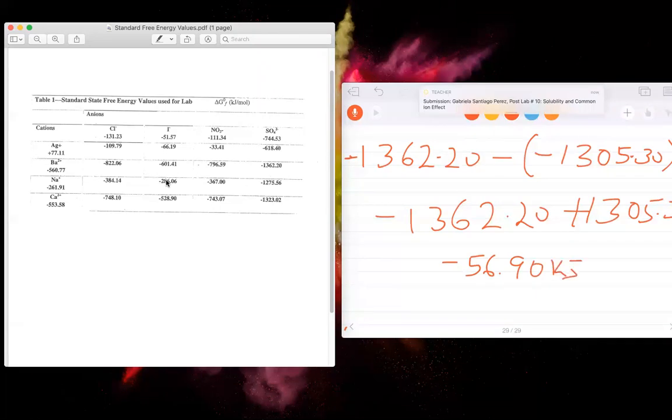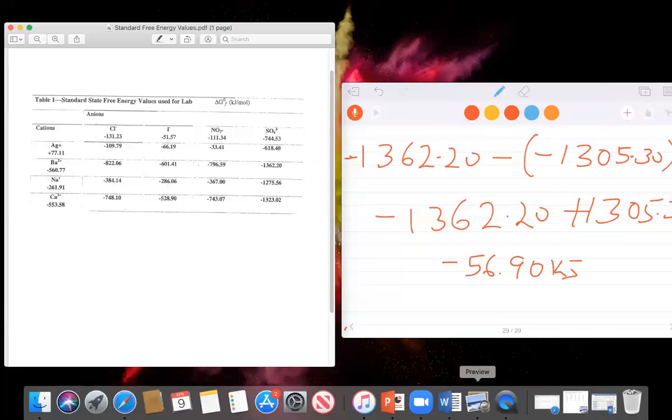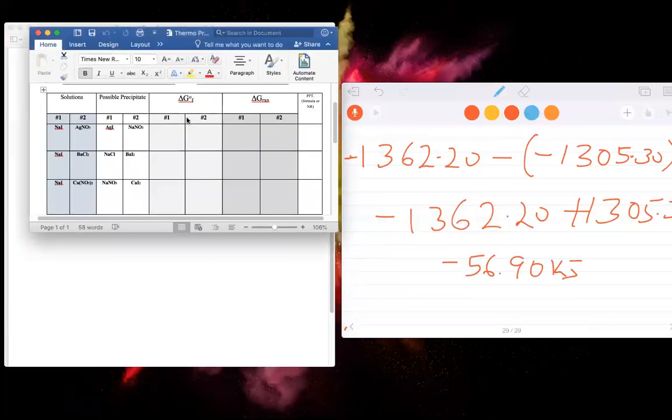So if I was doing my data sheet, I had labeled my number 1 here as barium sulfate. I have delta G naught for my barium sulfate, which was my number 1. That is how I labeled it.